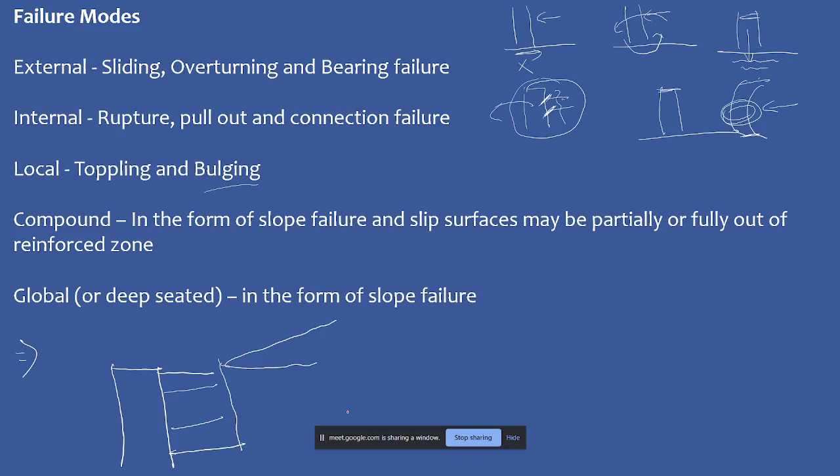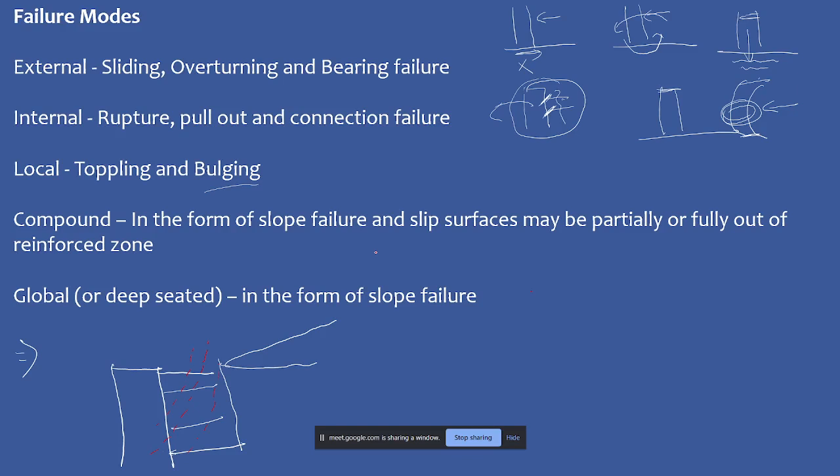So these slip surfaces can be another reason for the failure of this mechanically stabilized earth wall, and therefore slope failure and slip surfaces may be partially or fully out of the reinforcement zone. So this can be into the reinforcement zone also, or we can have the slope failure above also. So this is another area.